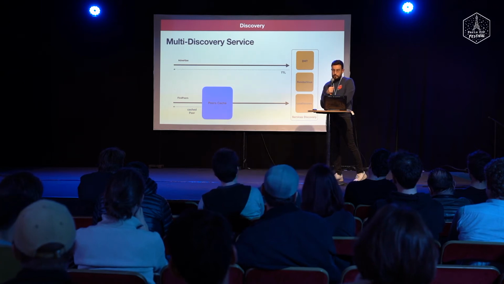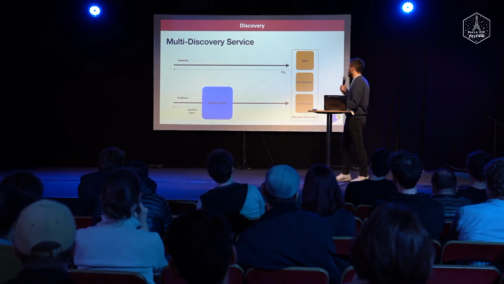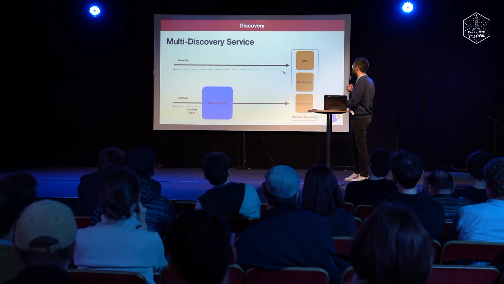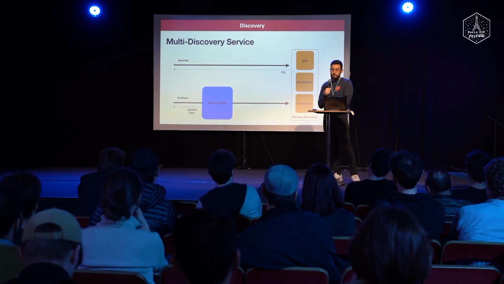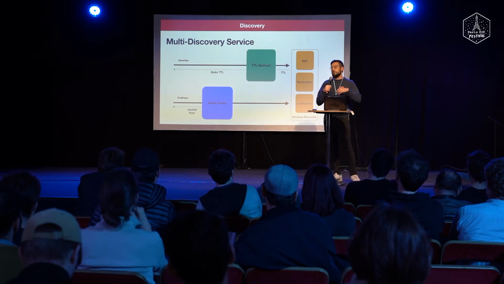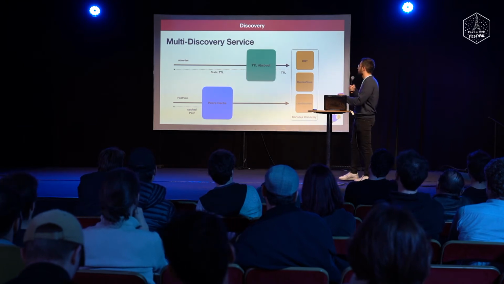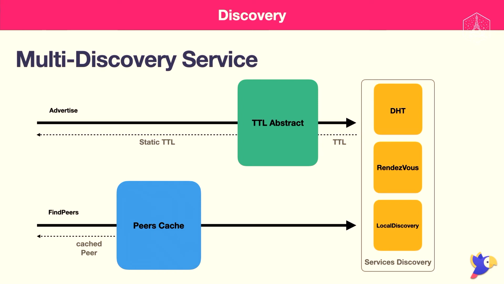And then we have the advertise. The advertise method returns a time to live on each service, so we made something to abstract it. I call it a time to live abstraction. Basically, this module will ask each discovery service and return only one static time to live to the user.